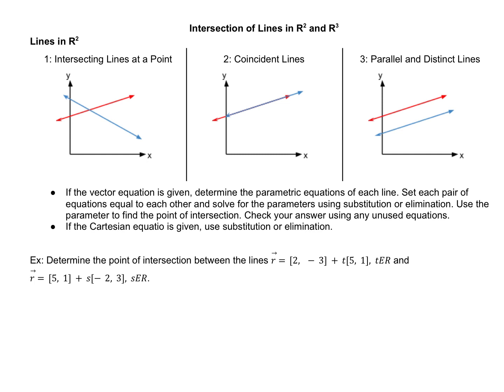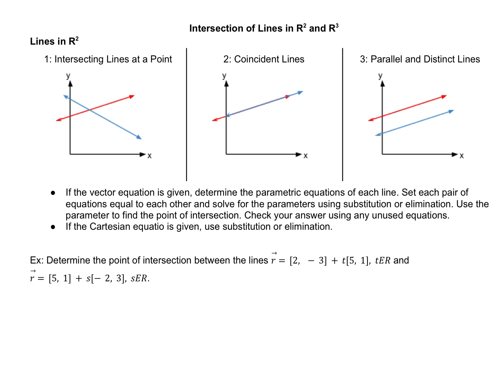Now, the way we're going to solve is by using our parametric equations and setting them equal to each other to solve for the parameter that would give us this common point. Now, if we're given the Cartesian equation of the line, then we're just doing substitution or elimination like in grade 10.